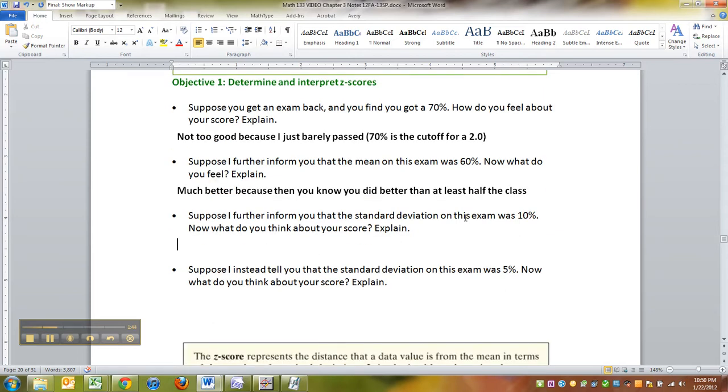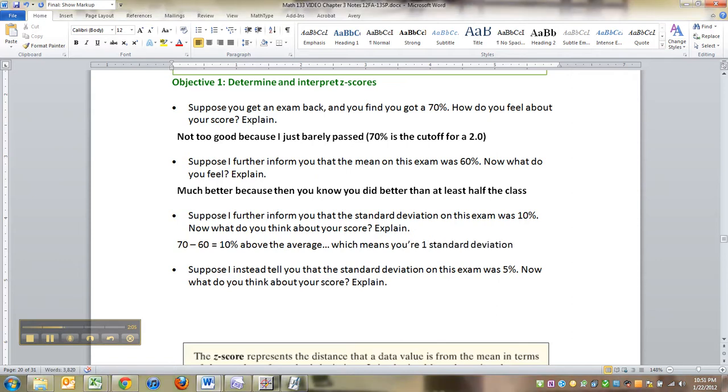Now suppose I further tell you that the standard deviation on this exam was 10%. Okay, so you got a 70, take away a 60, you are 10% above the average, right? Which means you're one standard deviation above the average.